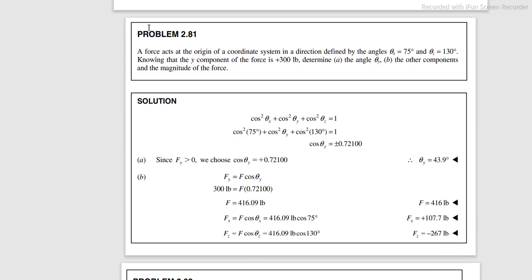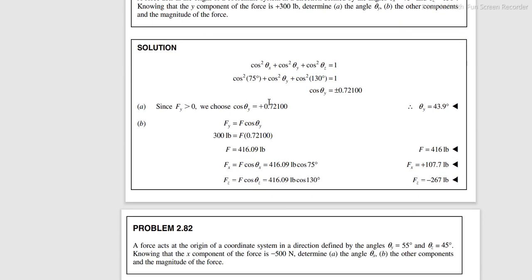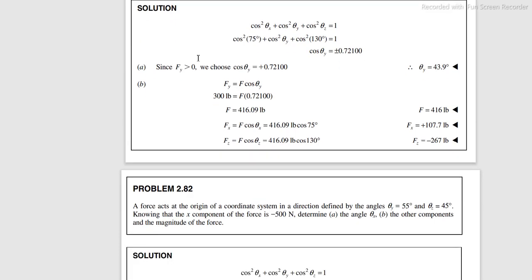2.81, a force acts at the origin of a coordinate system in a direction defined by the angle theta x 75, theta z 130, and knowing that the y component of the force is 300 lb, determine the angle theta y. Very easy question, and the solution is here.